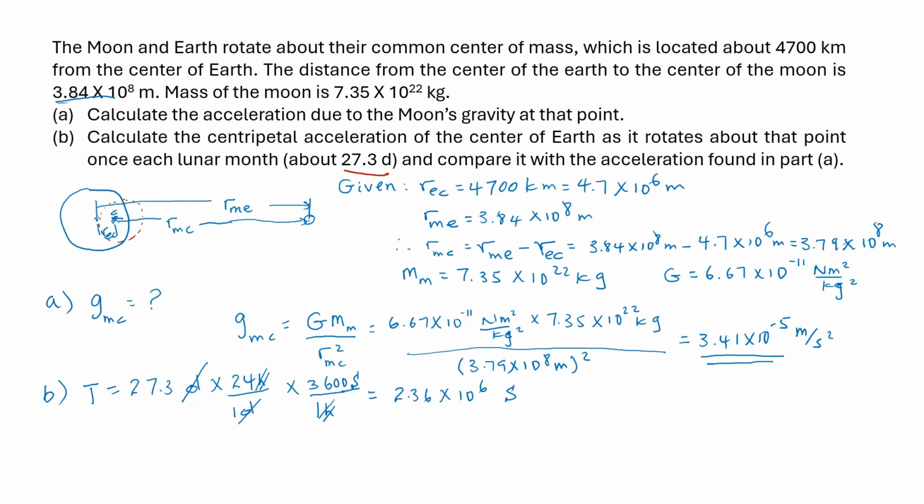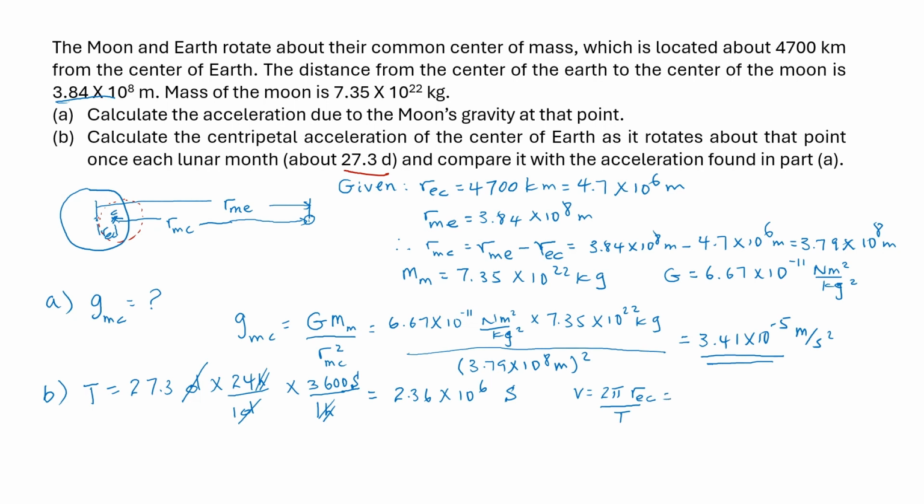Alright, so what will the velocity be? The velocity will be the circumference of the orbit divided by the period. So the velocity is going to be 2 pi times the distance from the center of the Earth to the common center, divided by the period.